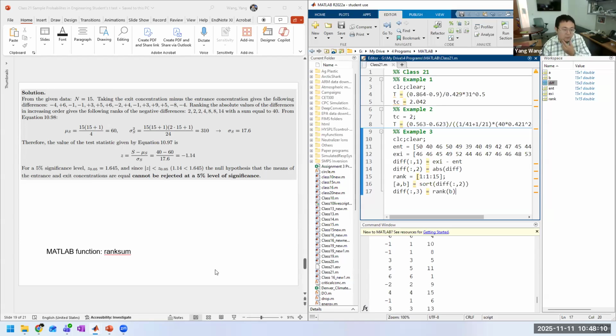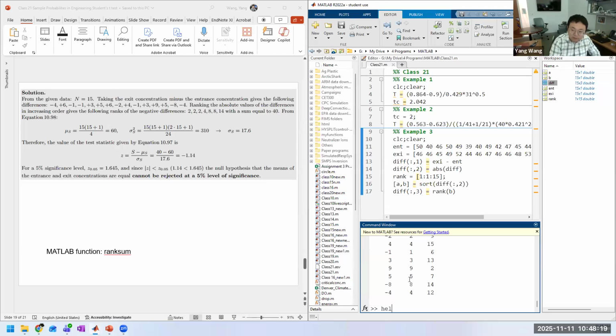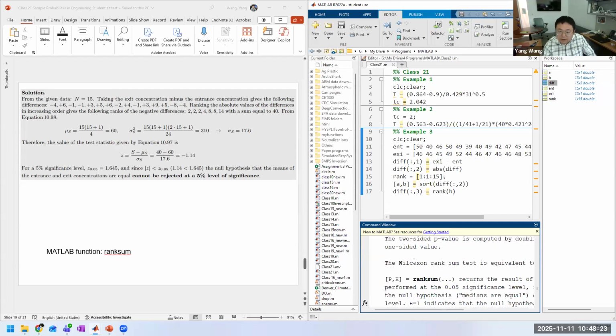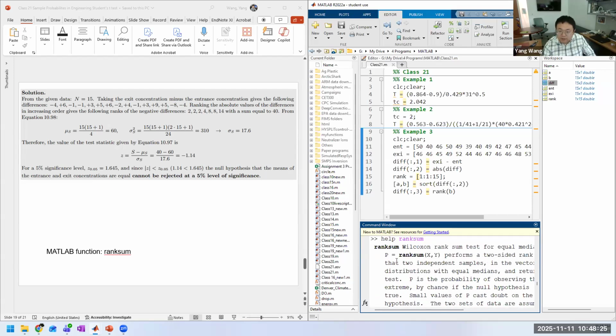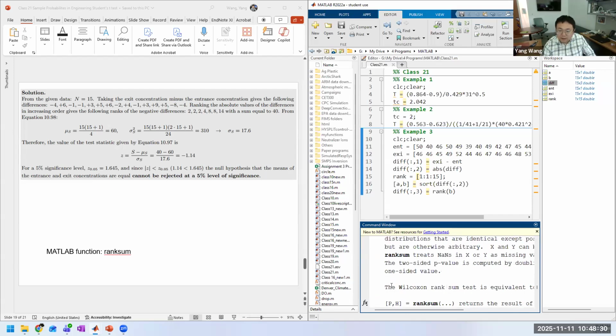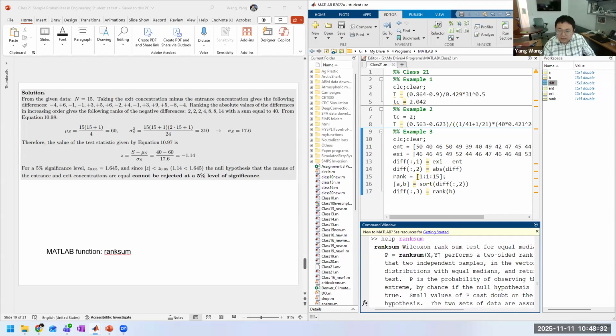In terms of the MATLAB function, you can use the rank sum function. You can just do help rank sum. Basically, you can calculate the p-value and whether the hypothesis is rejected or accepted, and then you can provide two different data sets.